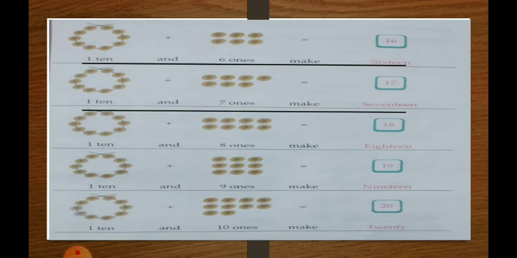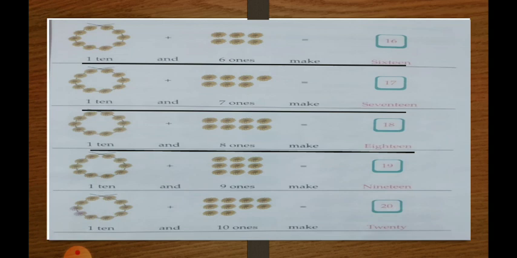Now see the next picture. 1 ten and 8 ones. Now if you add 8 to the 10, what number will you get? 10 plus 8 makes 18. EIGHTEEN, 18. Now see the next. Again one garland of 10 flowers means 1 ten plus 9 separate flowers.